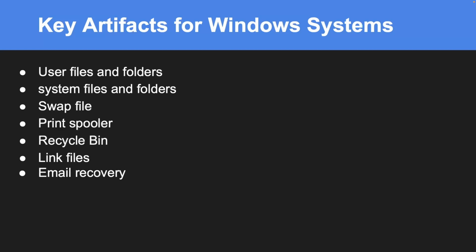And so some key artifacts that we can find on a Windows system specifically are user files and folders, the system files and folders, which are located within things like Program Files x86, or even in some user directories as well. Swap files, which are files that hold extra data that is supposed to be in memory but is not in main memory.